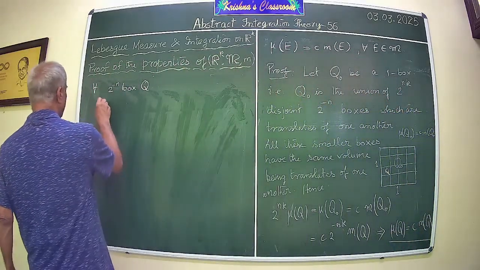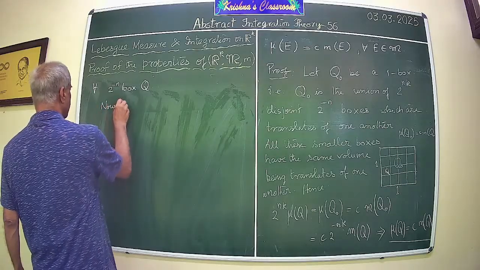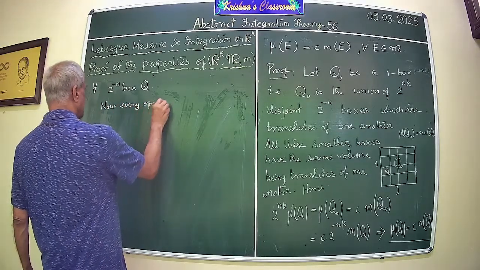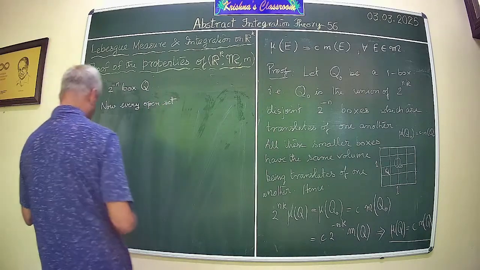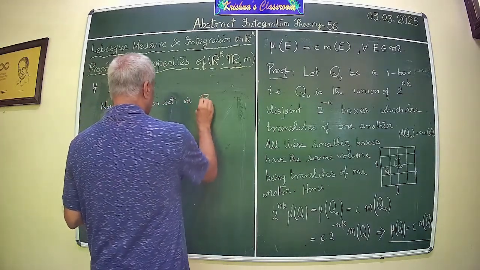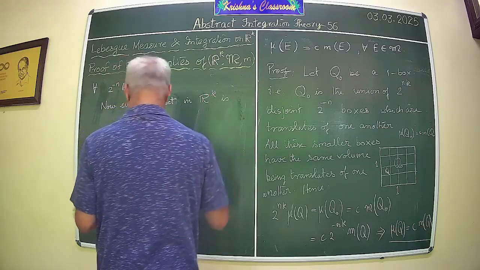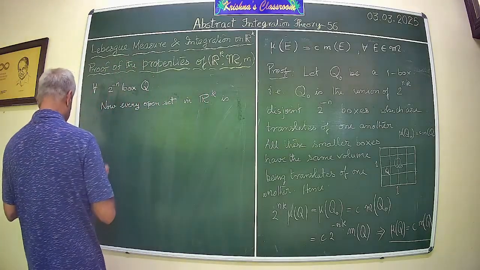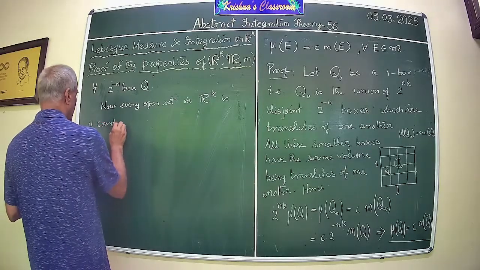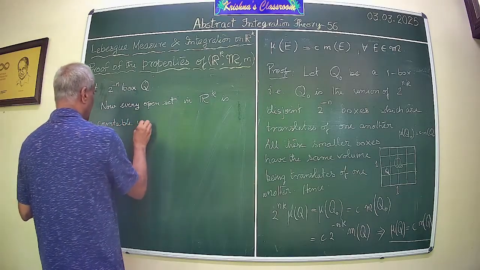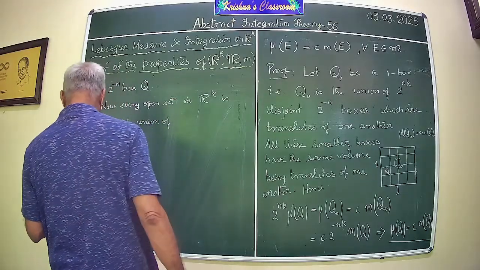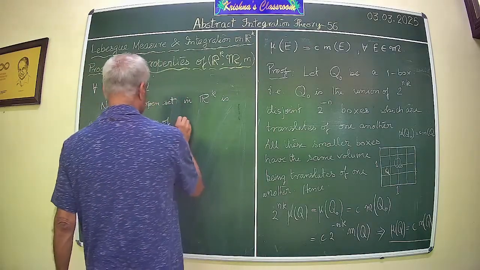Now every open set in R^k is a countable union of disjoint boxes.